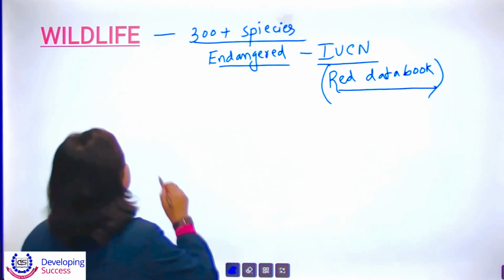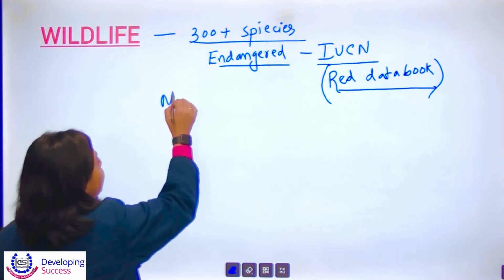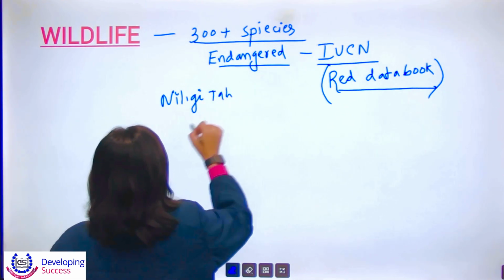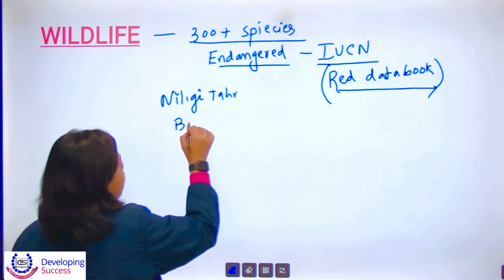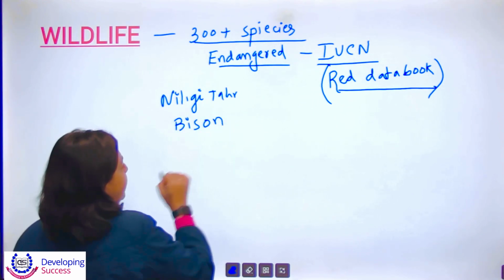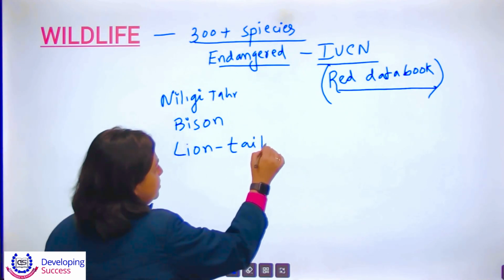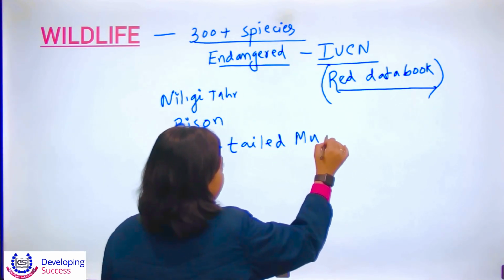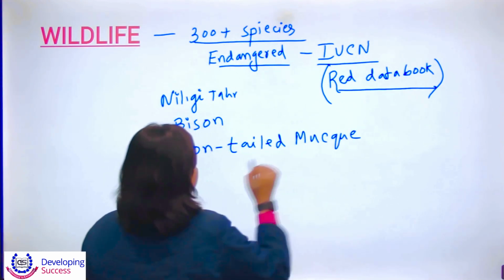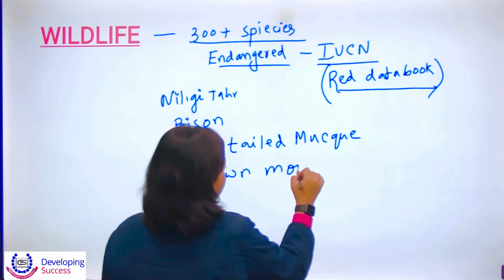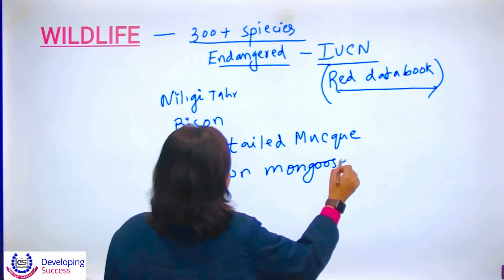Apart from this, in the wildlife sector, we have the Nilgiri Tahr, which is endemic to this region. We have the Indian bison, the lion-tailed macaque, the brown mongoose, then the Malabar civet.